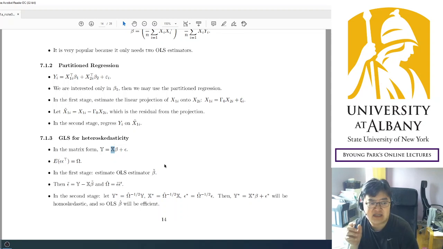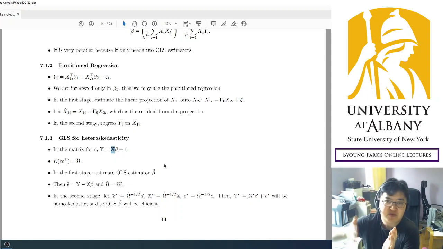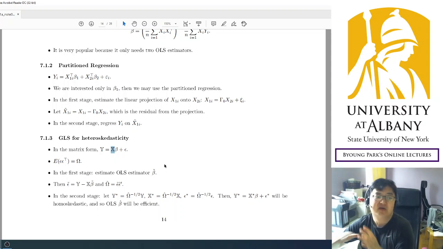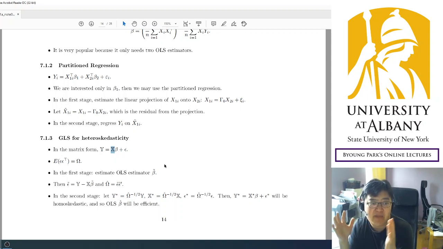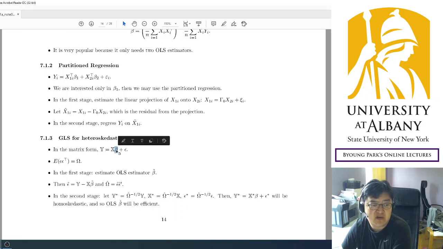The thick x is an n by k matrix, so k by 1 observations of x are observed for n individuals. As a whole, you have an n by k matrix of observations, beta is as usual a k by 1 vector, and epsilon is now an n by 1 vector of error terms.